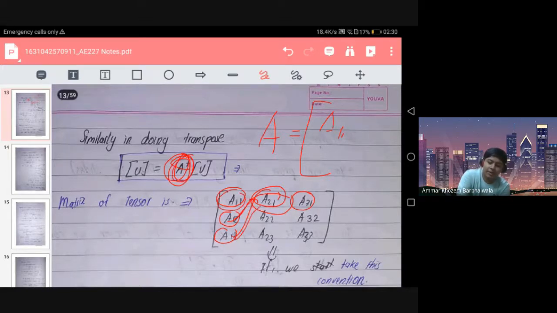Writing a1 to a21 and so on is not the correct way to do it, so you cannot apply matrix multiplication from this. You need to keep a12 in this column, so here should be a12 and here should be a13.